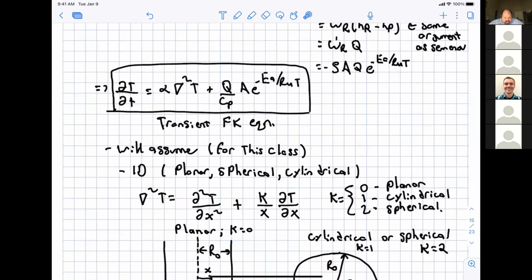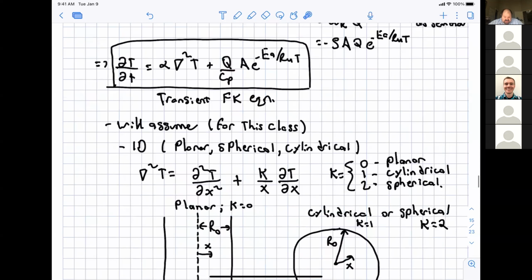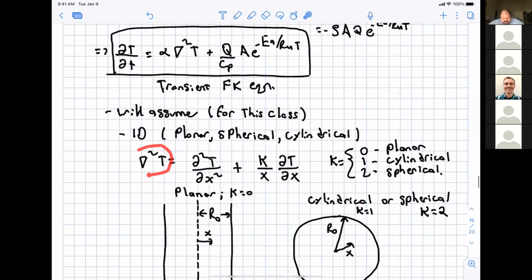So in this class, we will assume that we are working in one dimension, and in one dimension, you can show that the Laplacian of temperature is equal to the second derivative of temperature with respect to space plus kappa divided by x times partial T partial x.